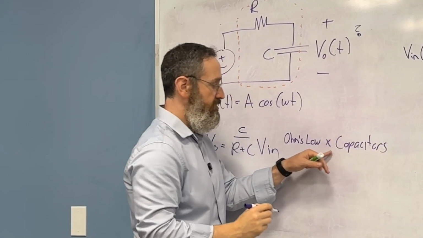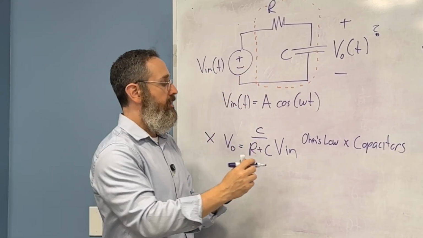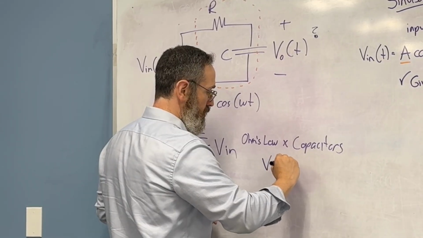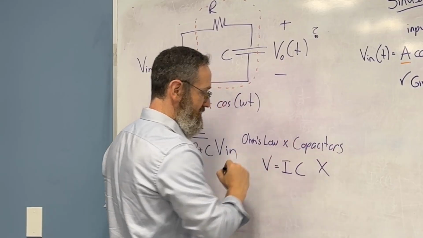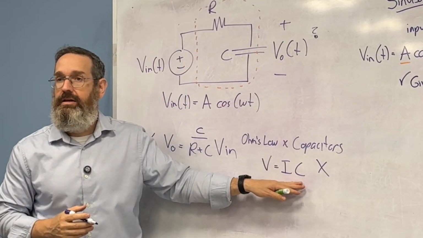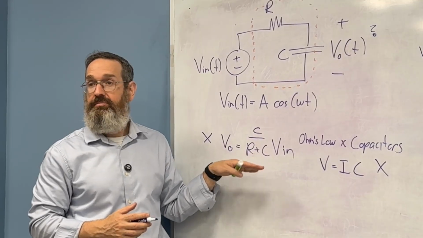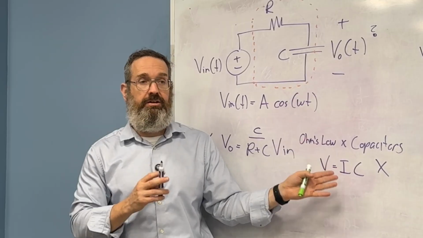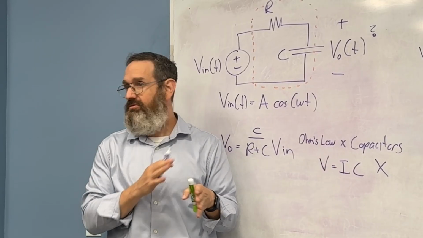To be specific, you can't write V equals IC. Because you can't write V equals IC, we're not going to end up here. We covered this last time, and I want to be very clear why you cannot do this. I'm going to now give you the simple solution, very simple.